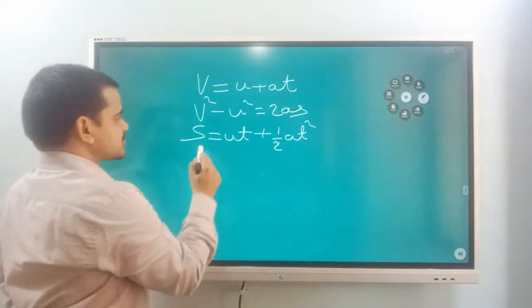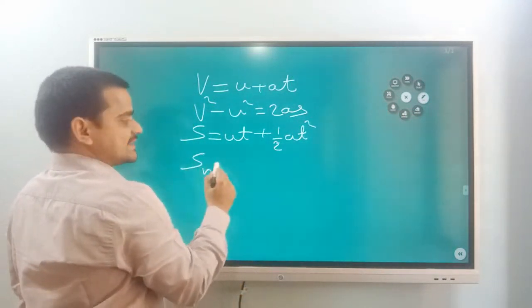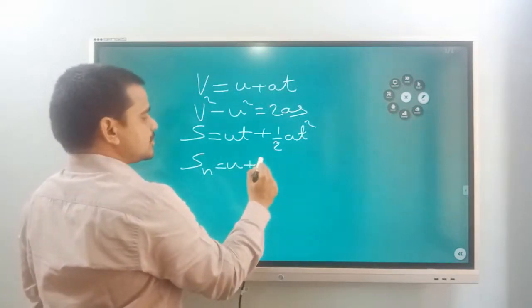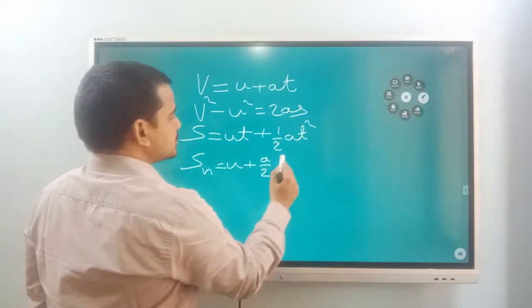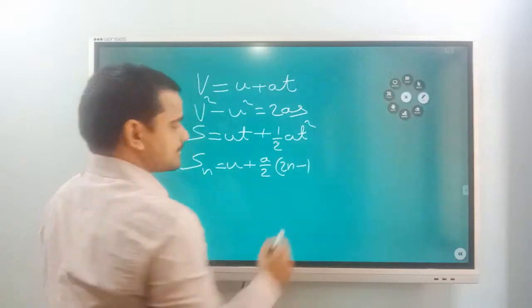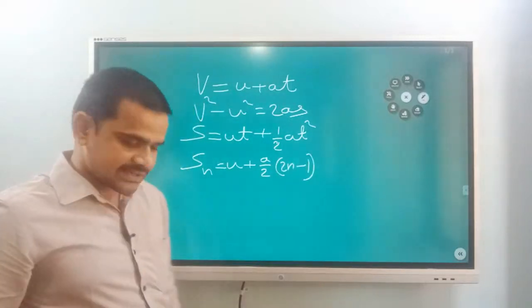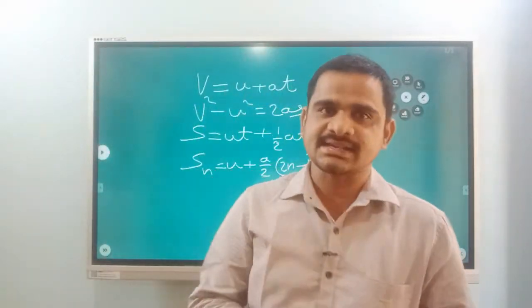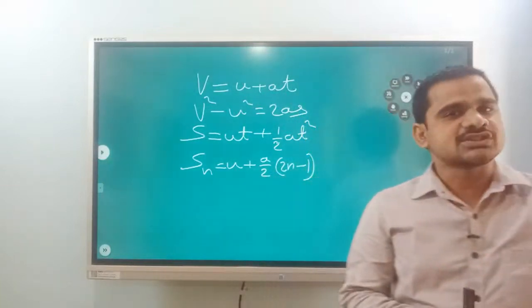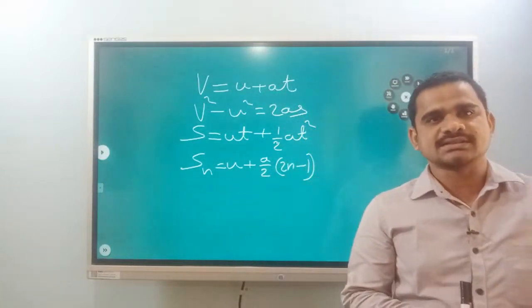And the next one is Sn, which is U plus A by 2 into 2n minus 1. So these are the four expressions which you have seen in the last class, which will be much useful in our further classes.